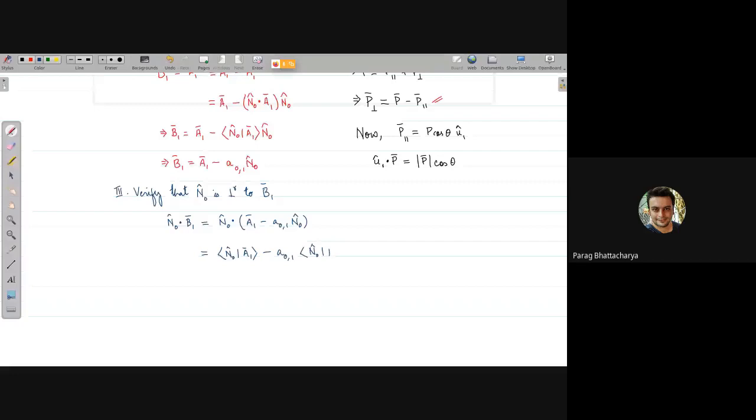This is a self dot product, which is anyway going to be equal to 1. And this we already know, right?